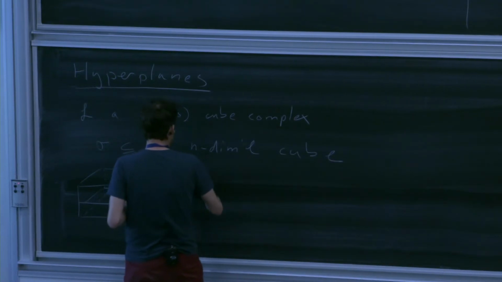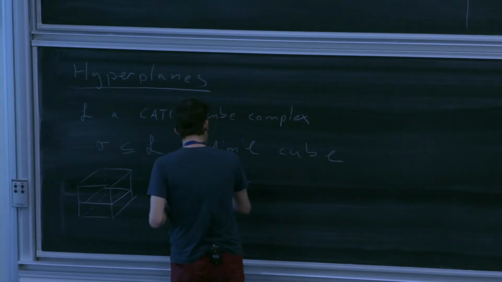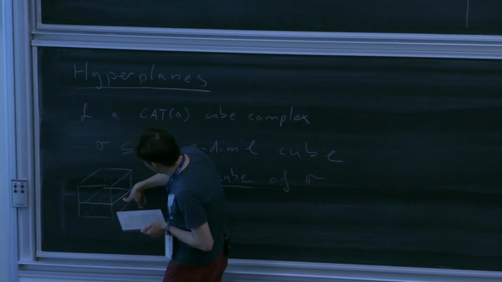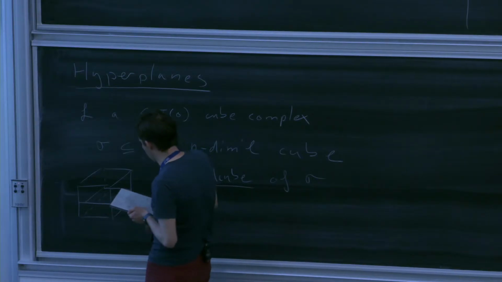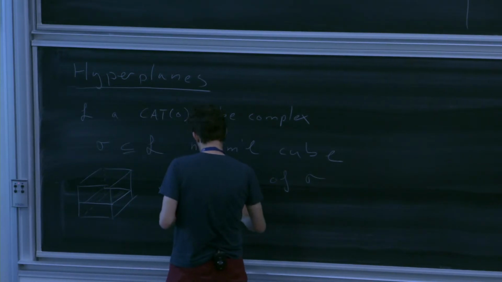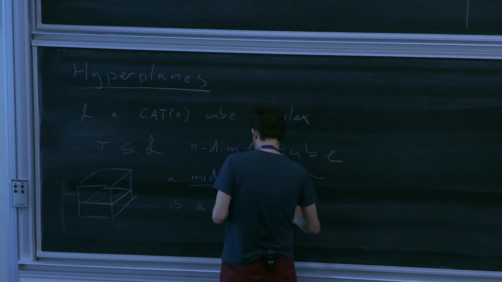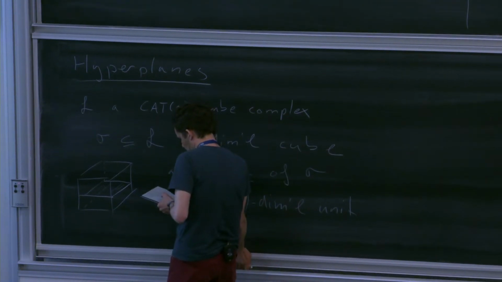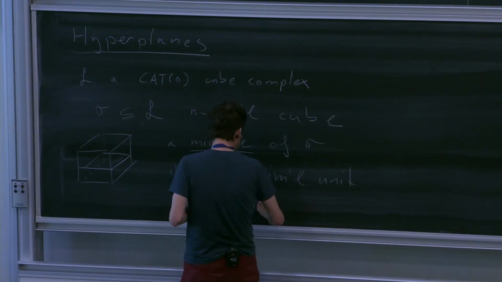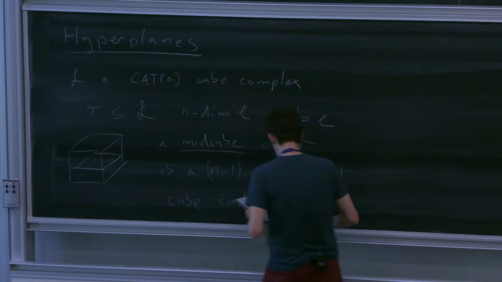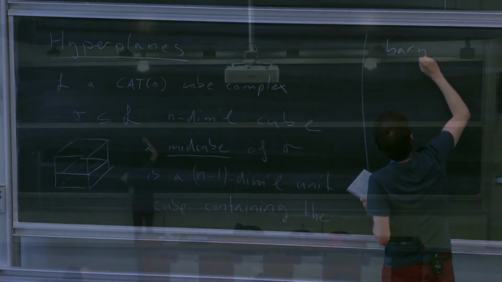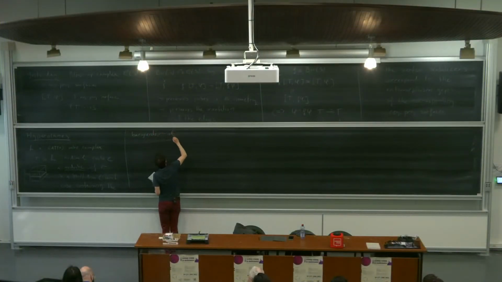That's called a mid-cube of sigma. It is always an (n-1)-dimensional unit cube containing the barycenter of our cube, the middle point, and we want that it is parallel to one of the faces.